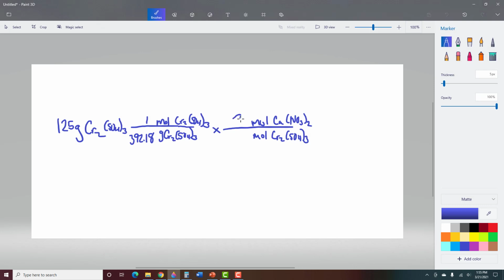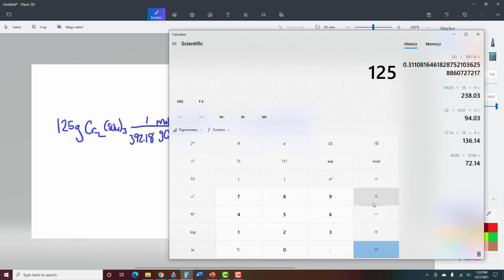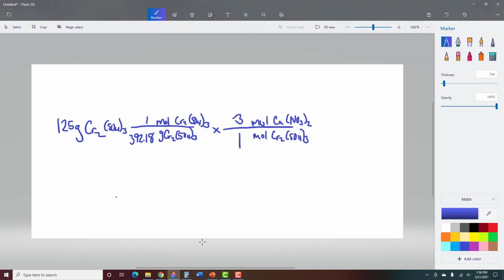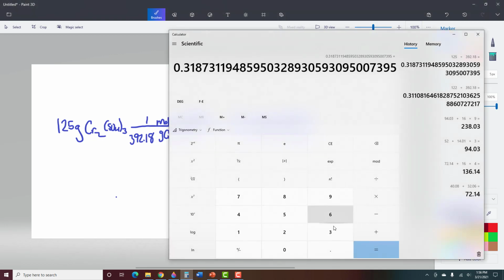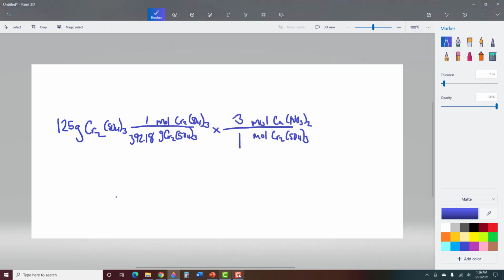So this one would be 3, and this one is 1. And then you use a calculator to solve. 125 divided by 392.18, and then multiply by 3, divide by 1. I'm just going to do the multiply by 3, and 1 will give us the same answer. So let's say 0.96.